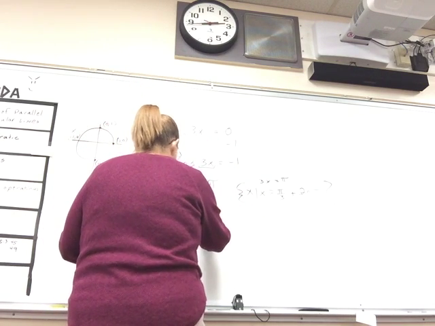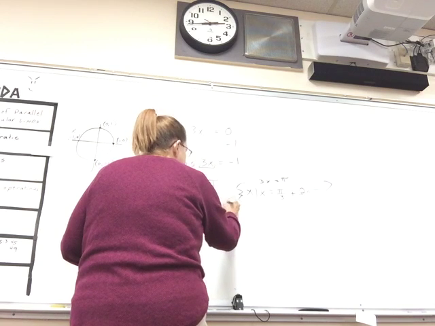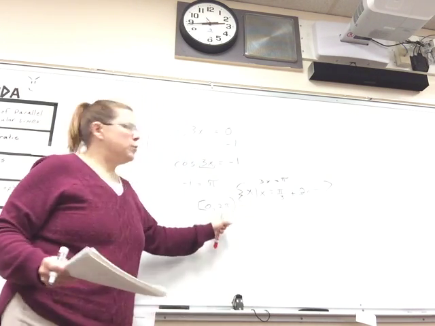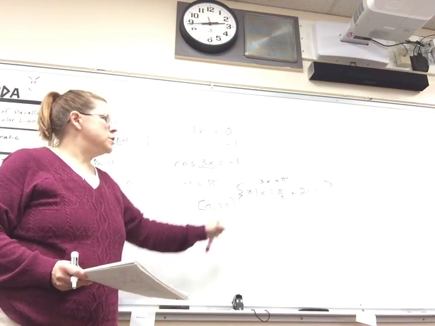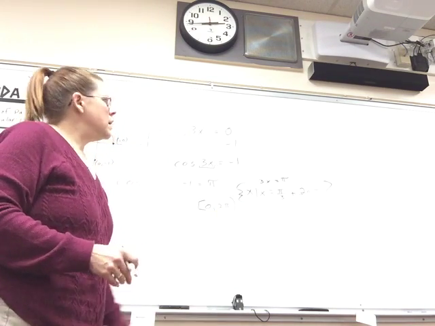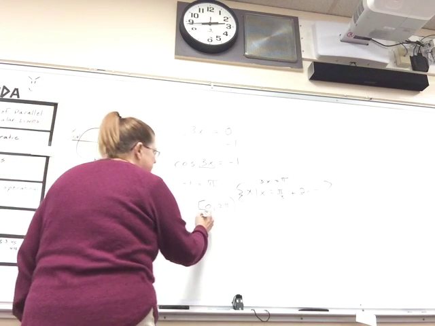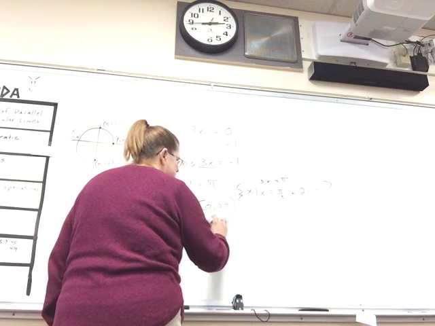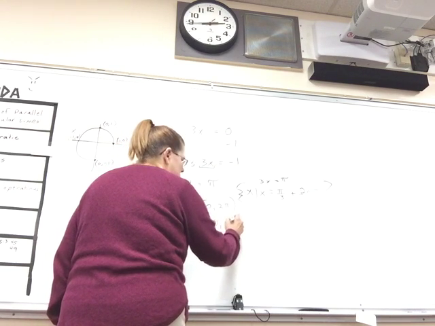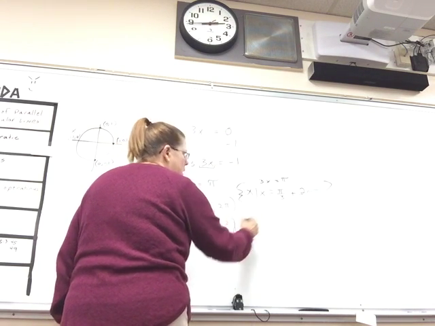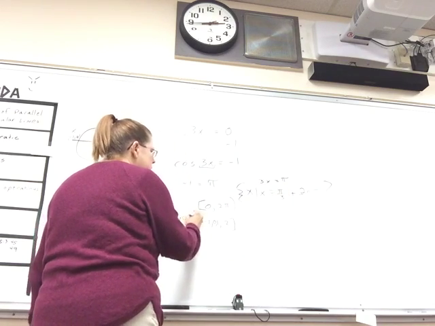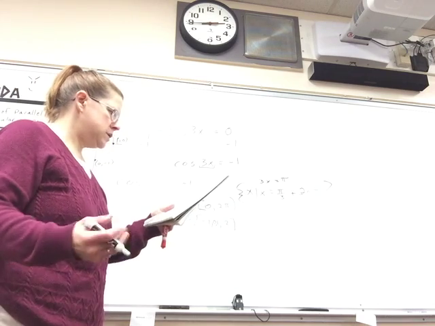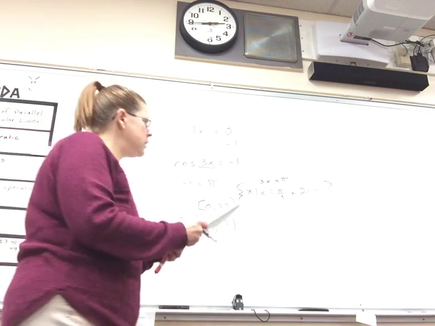Then they want to know specifically over the interval of 0 to 2 pi, but it can't include 2 pi. If you look, they tell you to try -1, 0, 1, and 2 for n. So you're going to let n equal -1, 0, 1, and 2 and see what you come up with.